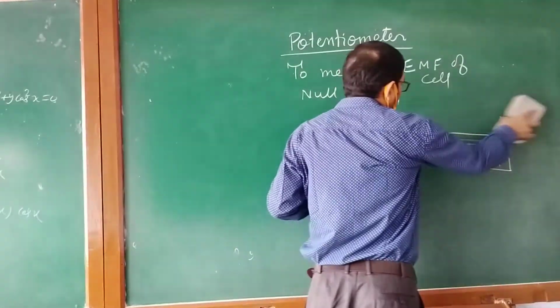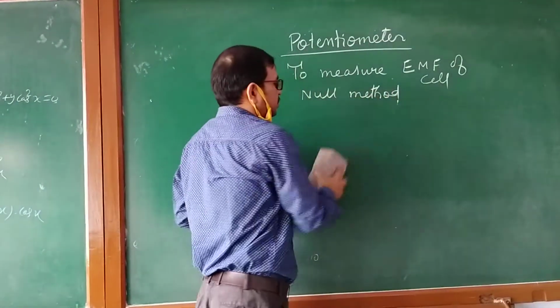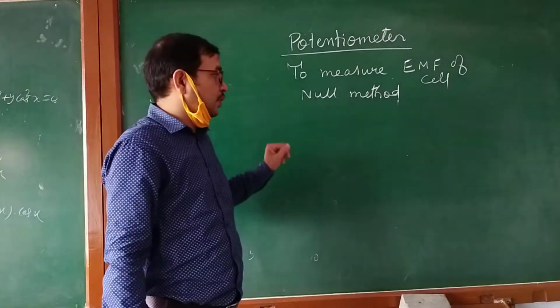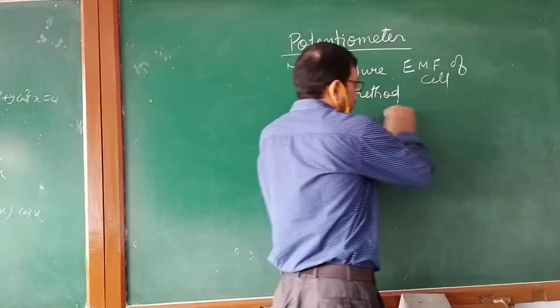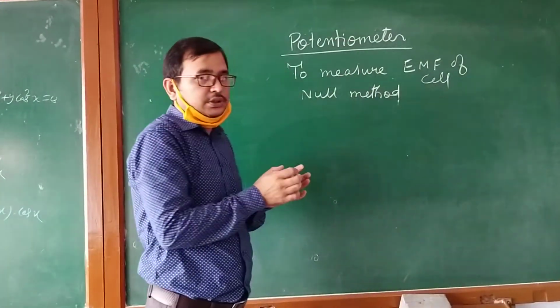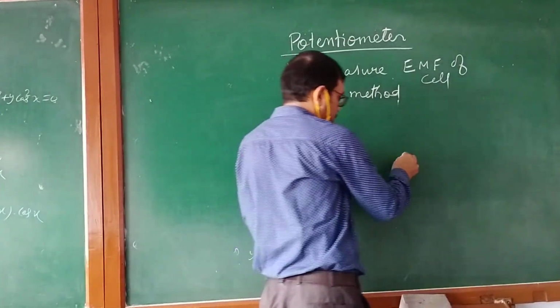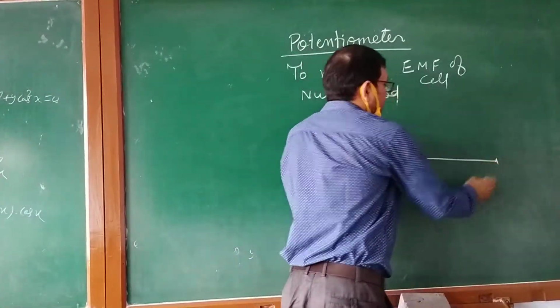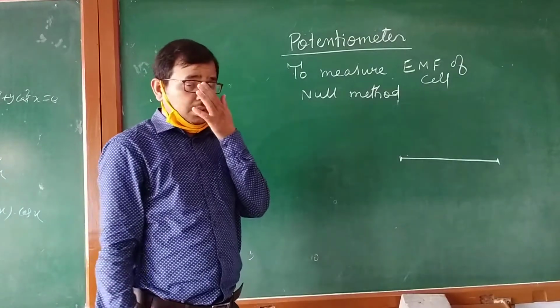But in the lab, the arrangement is not like this. When we are dealing with the theory, we deal with things in a different way. This whole length of the wire, 600, whatever it is, we will show by a single length wire. We will consider it to be 600.